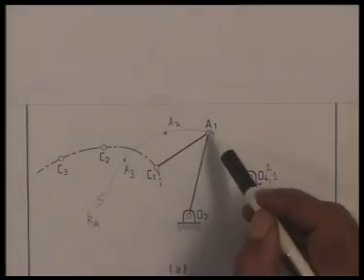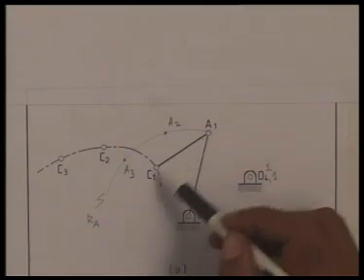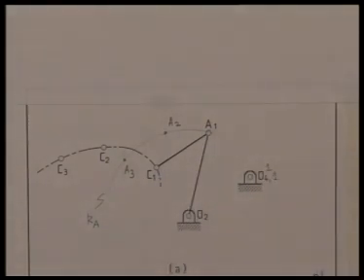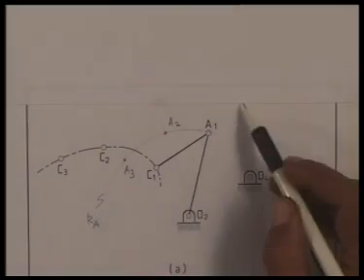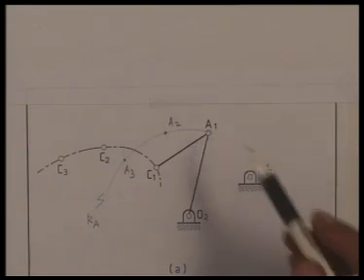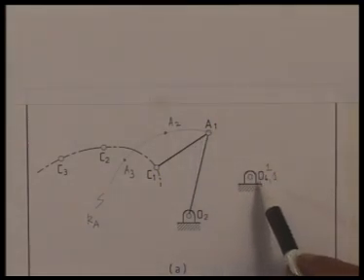So AC is one part of the coupler, ABC is the coupler. We have to determine B1 by holding the coupler fixed at its first position, that is at A1 C1. We have to determine the inverted positions of this fixed hinge O4.